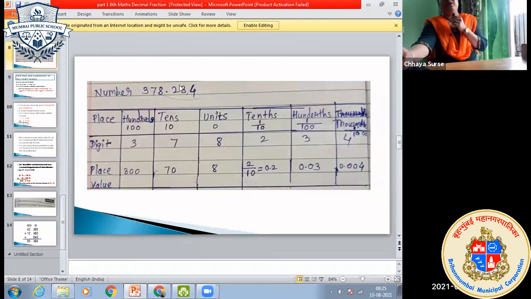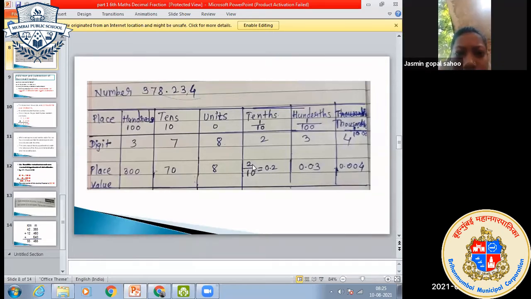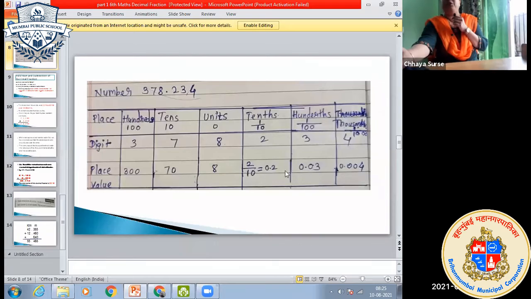Now this digit is showing the 2, but the place value of that digit is 0.2, 2 upon 10 or 0.2. Now this 3 digit's place value. Here the 3 digits are the same, but this 3's place value and that 3's place value are different.